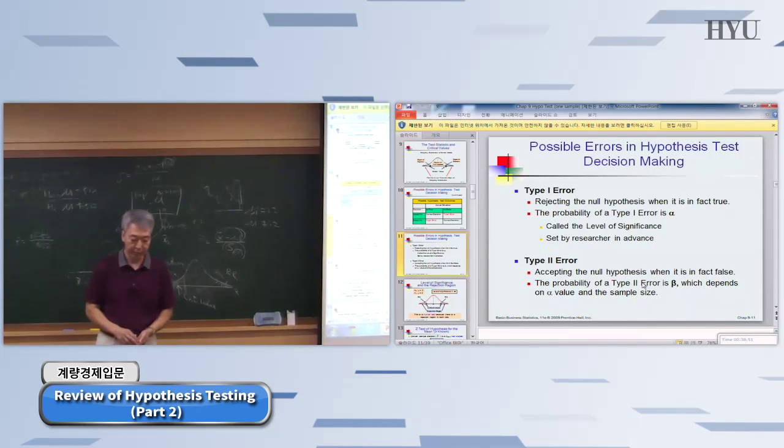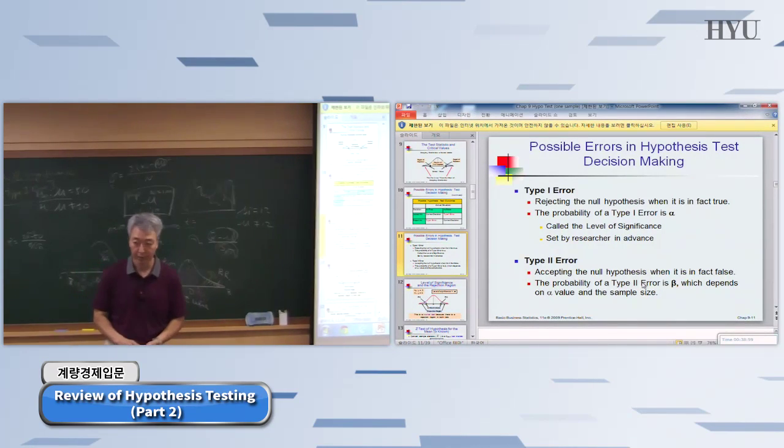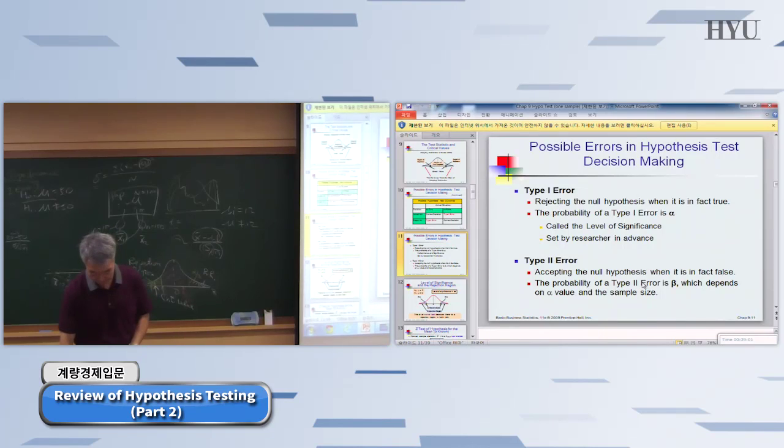Dealing with the probability of type 2 error requires a little more advanced statistical knowledge, so we're not going to deal with it here. In this course, you just avoid committing type 2 error by not saying accept. Just say do not reject if you cannot reject it.